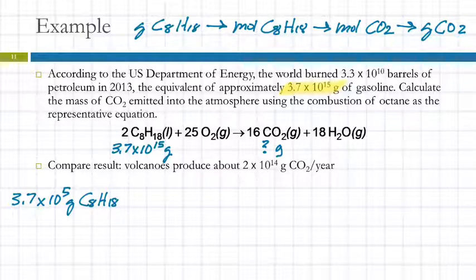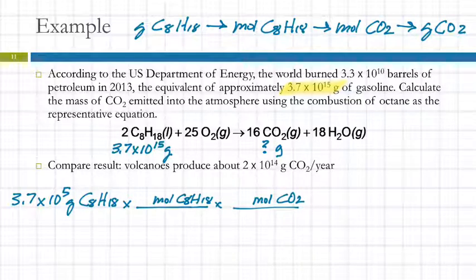This is why I tried to make you learn dimensional analysis earlier, because it makes these calculations so much easier. So if you haven't figured it out yet, pester me with questions until it makes sense. I'm just going to use these to tell me what goes in the numerator. I have 3 arrows. I'm going to have 3 fractions. Grams of octane to moles of octane. Next is moles of CO2, and then grams of CO2.